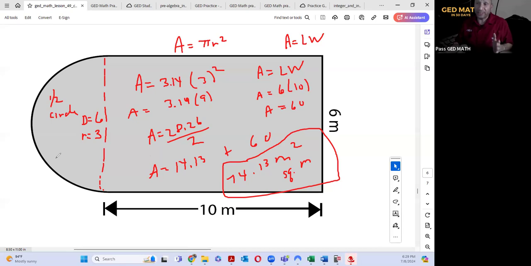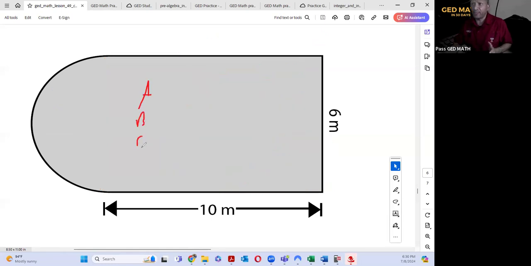What I saw on the exam the other day, the question had answers. Say, for example, it had A, B, C, D, and say the area was 48 square feet.